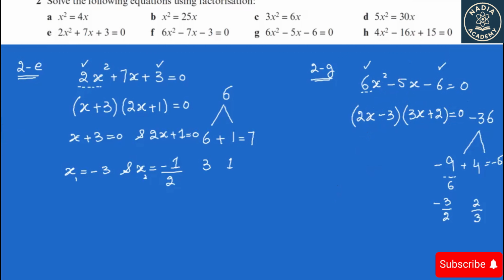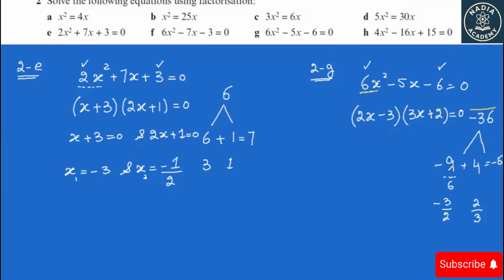Just for understanding, let's look at these factors once again, and how we got them. So C multiplied by A, the answer is negative 36. Then the factors of negative 36 that add up to negative 5, which is the B value. And these factors are negative 9 and positive 4. Now we have here 6x square.